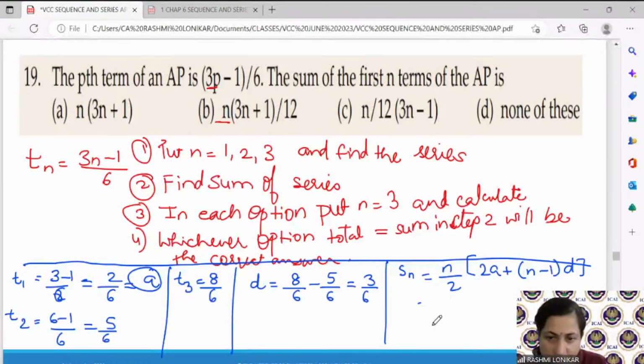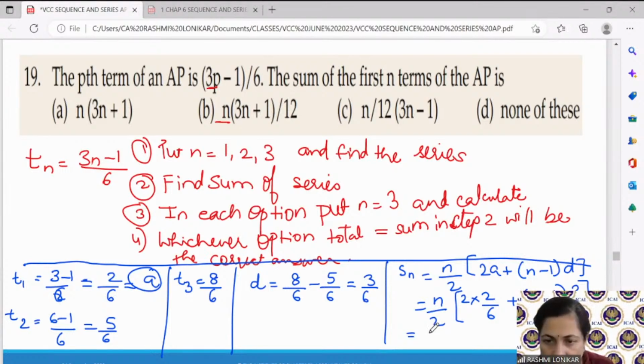N by 2 twice A. Twice A is 2 by 6. So 2 into 2 by 6 plus (n minus 1) into D, and D is 3 by 6. How much will this be?